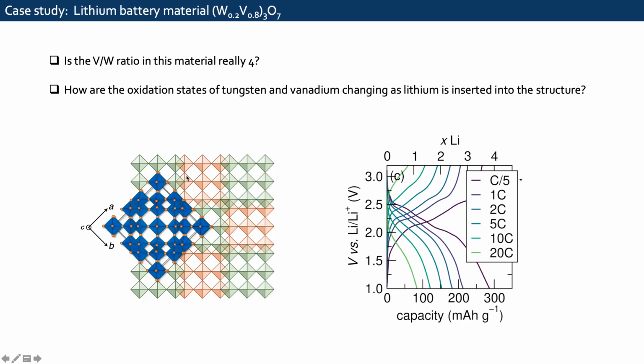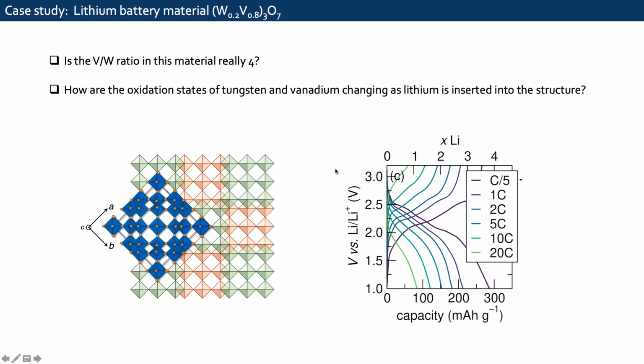we don't know for sure. We want to confirm, because you can't tell with X-rays really exactly what that ratio is. On the right, I'm showing a discharge curve of the material that shows it can charge really fast. 10C is 6 minutes, so storing over 100 milliamp hours per gram in 6 minutes.